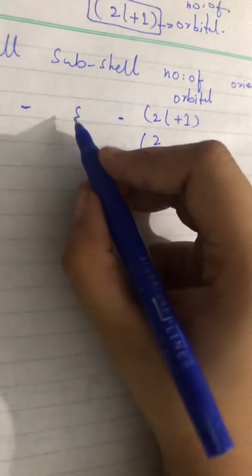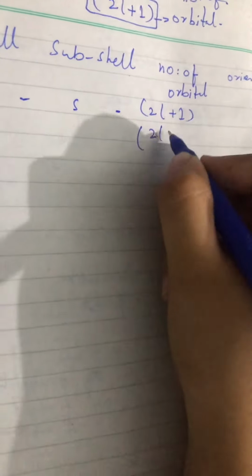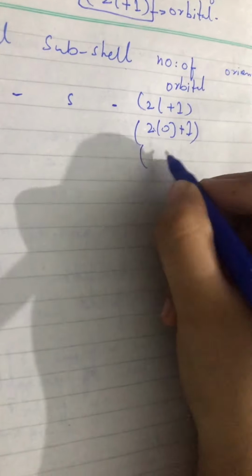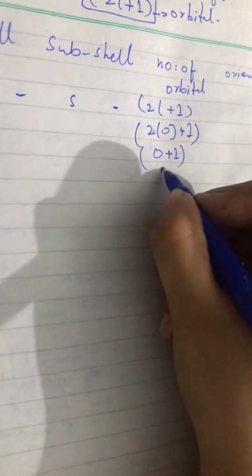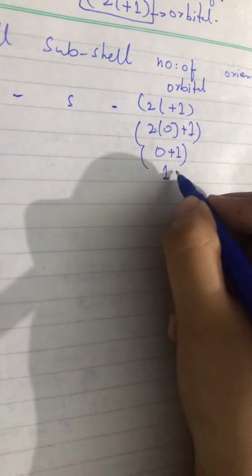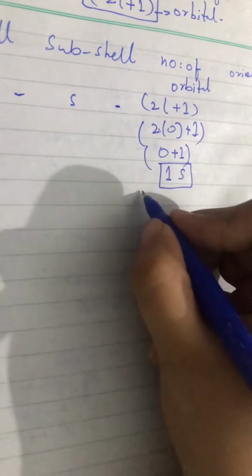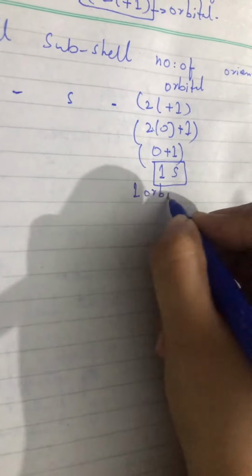What is the azimuthal number of S? That is 0. We found it before. So 2 times 0 is 0, plus 1, that will be 1. So the number of orbitals in the S subshell is 1. Here I am writing 1 orbital.